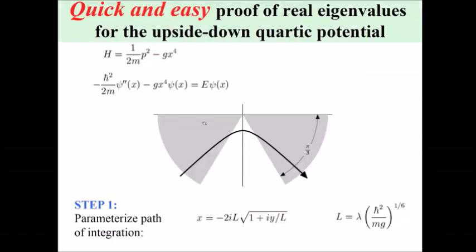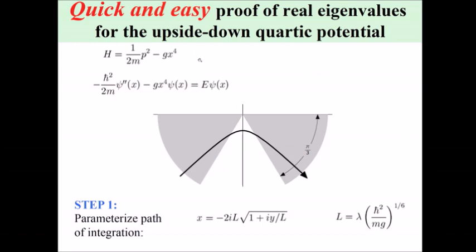Okay? Now, I'm going to give you a proof that this Hamiltonian has real positive eigenvalues. Okay? So this is a very simple proof. It's freshman calculus, nothing more complicated than calculus. And this is the only non-trivial case I know where I can actually prove it to you in 2 pages.